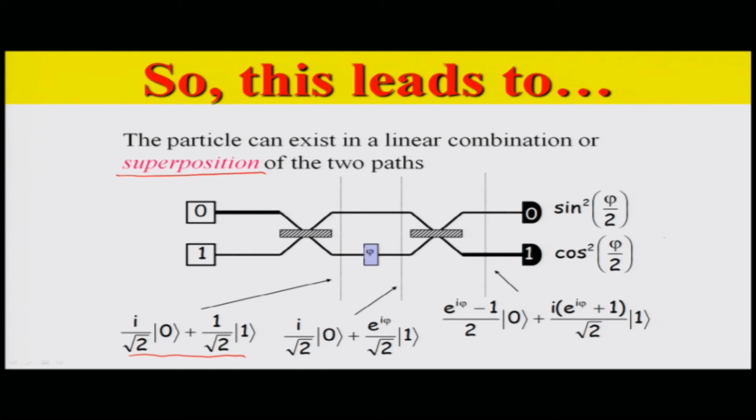So, the idea that the particle can exist in a linear combination or superposition of the two paths becomes clear from the fact that we have the original superposition of states right after the first beam splitter, which after the additional phase shift enables us to use the phase shift in conjunction with the superposition in the second part to give rise to the second superposition state, which can then be looked at by the two detectors with probabilities which add up to 1.